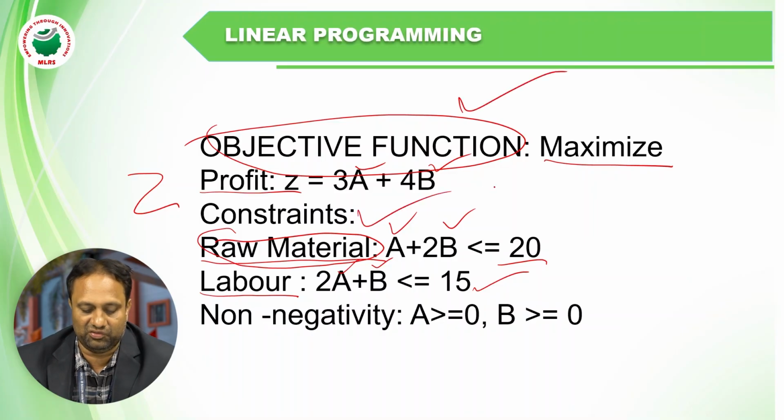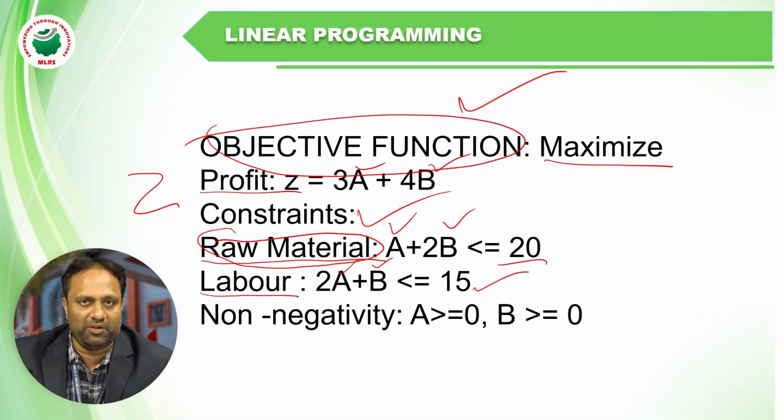Here we have constraints. We need to solve this problem either by using the graphical method or the simplex method. In a linear programming problem, two methods are available to find an optimal solution, that is, to find the best solution to a given problem while keeping in view the limited constraints. The first one is the graphical method and the second one is the simplex method.